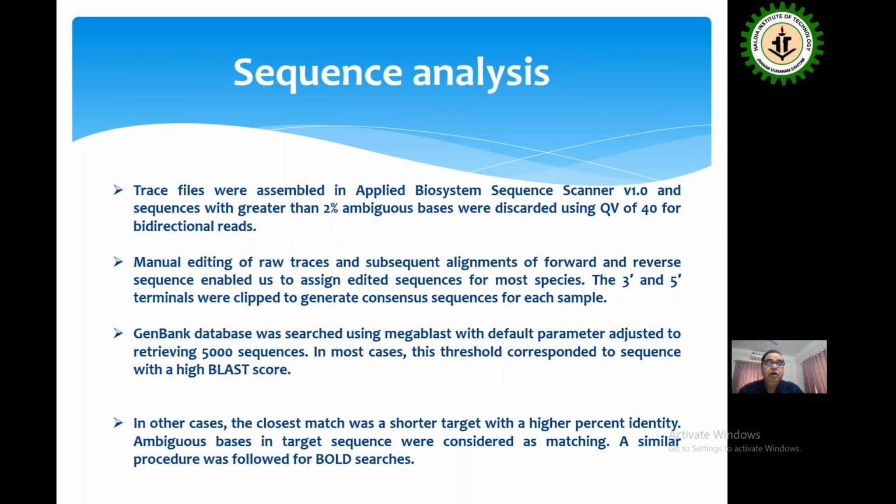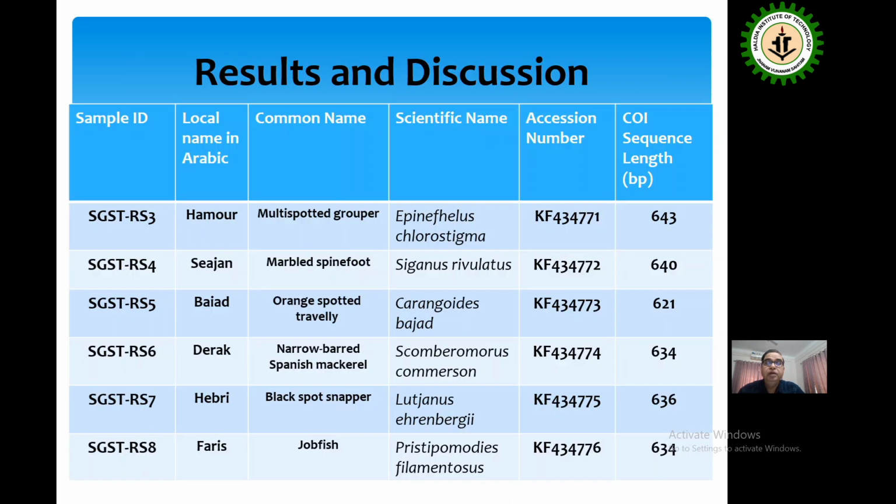And this is the bioinformatics analysis of the sequences obtained. Here is a short description of the six fish species collected from the Red Sea. The local name in Arabic is given, along with the common name, scientific name, and accession number.